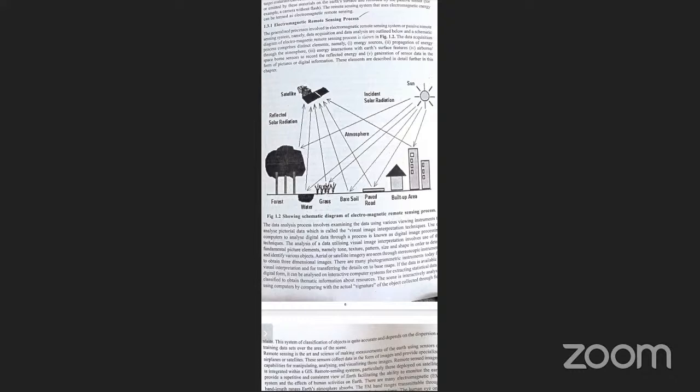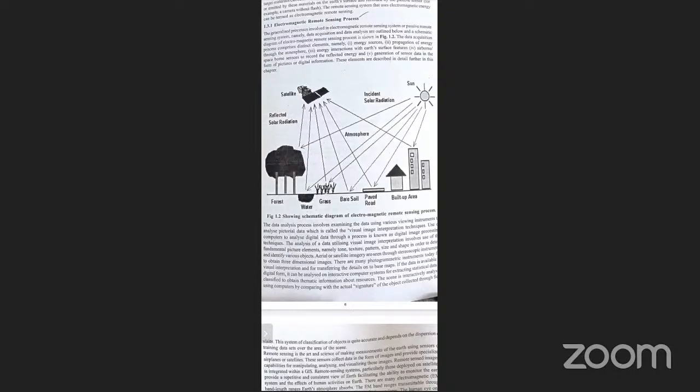The remotely sensed imagery is then integrated within GIS. Here we can integratedly use GIS and remote sensing systems, particularly those deployed in satellites.